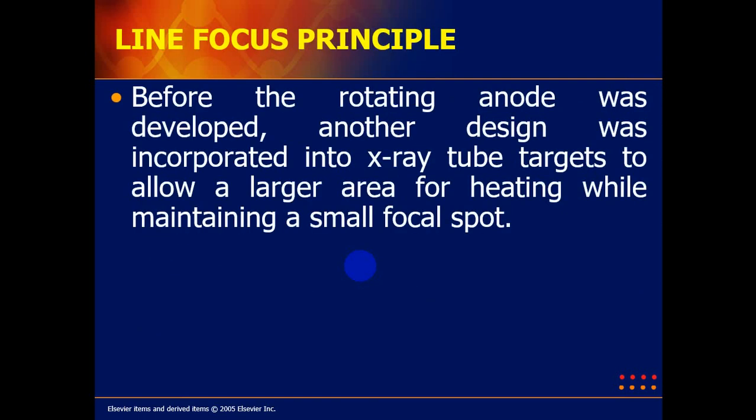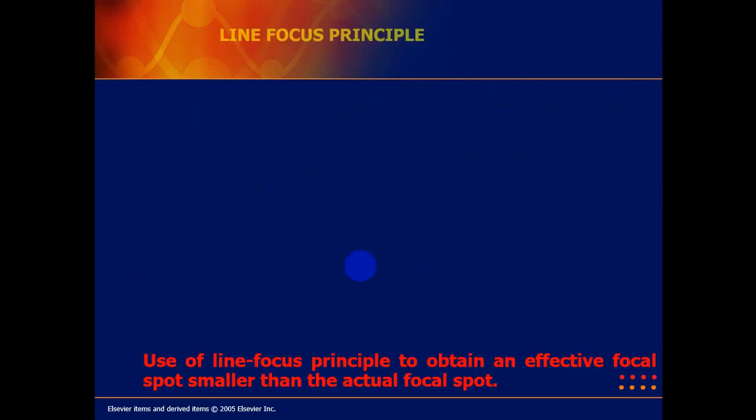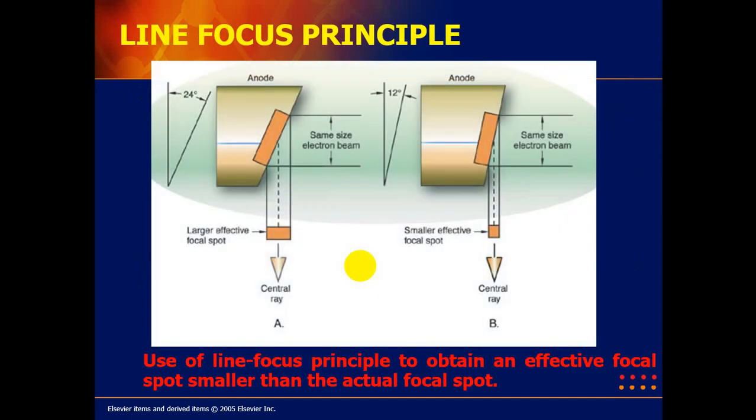So before the rotating anode was developed, another design was incorporated into X-ray tube targets to allow a larger area for heating while maintaining a small focal spot. So this design is the line focus principle. So ito na nga, ito yung sinabi ko kanina. Ito yung actual focal spot size.